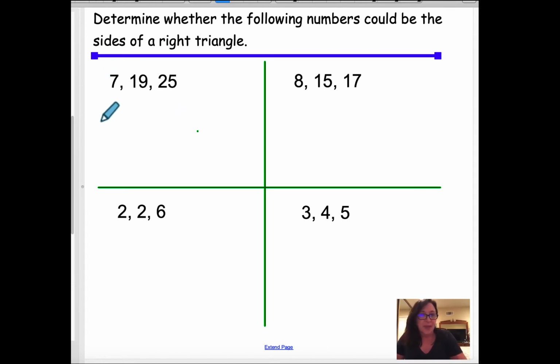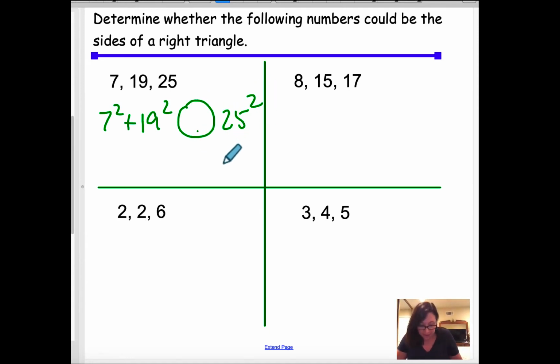So let's see. Is 7 squared plus 19 squared equal to 25 squared? So let's do that, and yes, use a calculator. 7 squared is just 49. And then 19 squared is 361. And 361 plus 49 is 410.